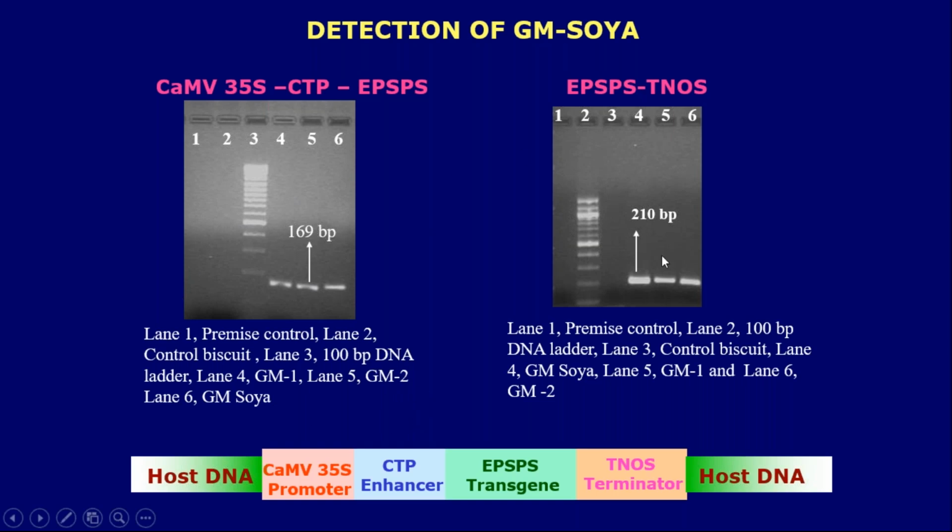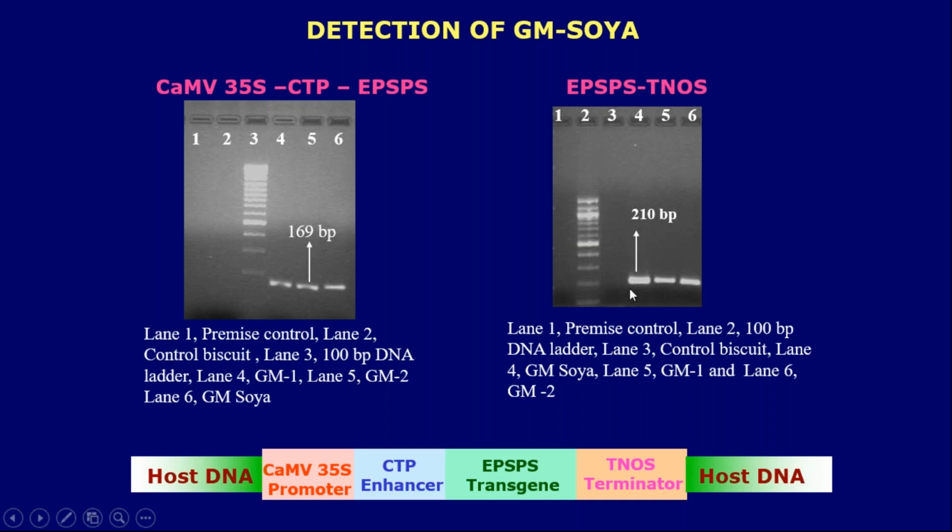So here are two gels, the endpoint PCR, one which shows you the amplification region from here to here, and the other is to show a region from here to here is amplified. But in all cases, you see, we have the control biscuit where GM soya is not added, and you have the positive control, which is in lane number 4.